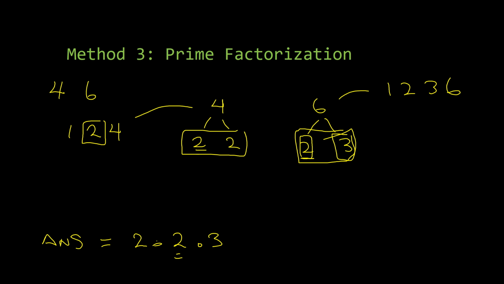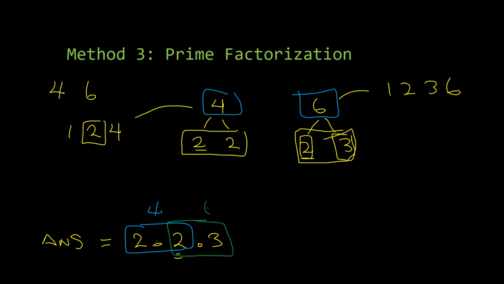If we were to take our answer and start combining the numbers, we would realize that we can get back our main numbers from before, and that's the 4 and the 6. Let's look at it. 2 multiplied by 2 and I'll be able to get back my 4. And then I have 2 multiplied by 3 and I'll be able to get back my 6.